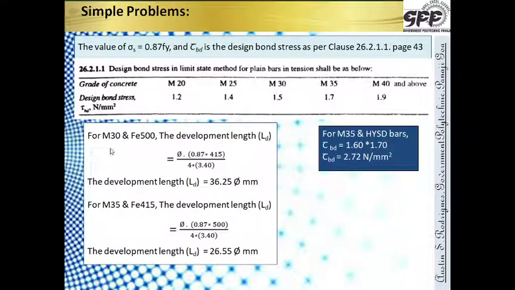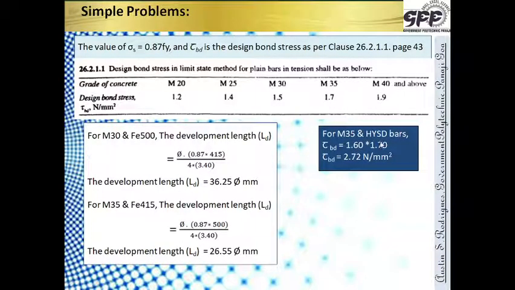Coming to the third part, that is M35 and Fe500. There is a typographical error over here. This is M35 and Fe500. So for M35, the value is 1.7. It is increased by, I think there is some mistake over here. This is not 2.72. It is increased by 1.6.